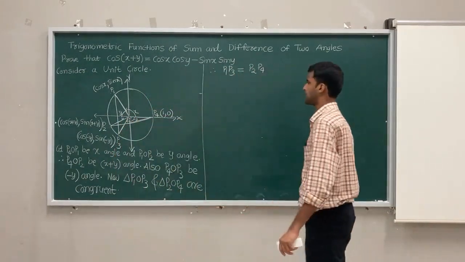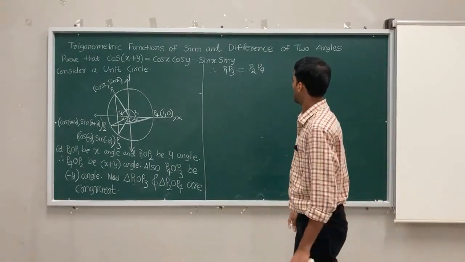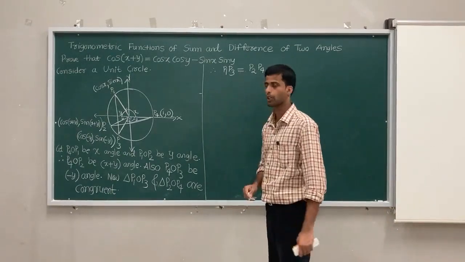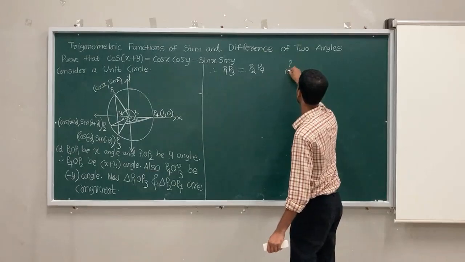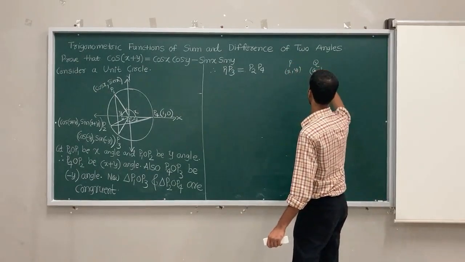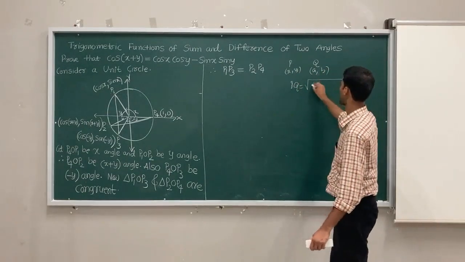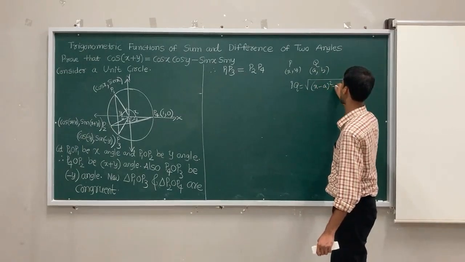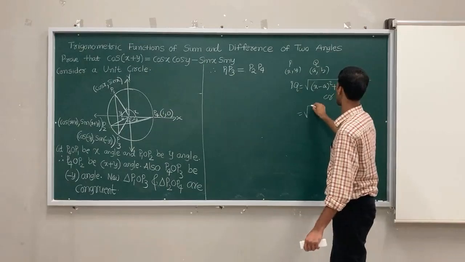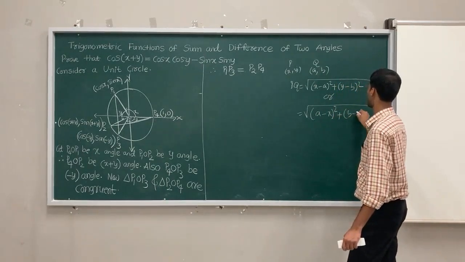Now, P1 P3 is nothing but the distance between P1 and P3. We all know the distance formula. If P is x, y and Q is a, b are two points, PQ is nothing but the square root of x minus a the whole square plus y minus b the whole square, or one more way to write this is a minus x the whole square plus b minus y the whole square.